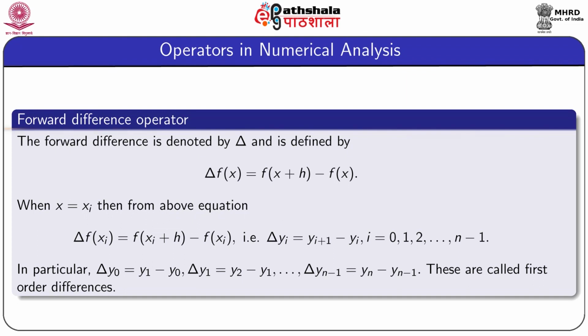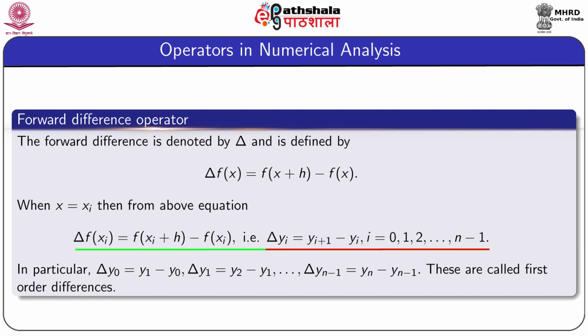First, we define the forward difference operator. That operator is denoted by capital delta and is defined by delta f of x equal to f of x plus h minus f of x. When x equals x i, the above equation becomes delta f of x i equal to f of x i plus h minus f of x i.